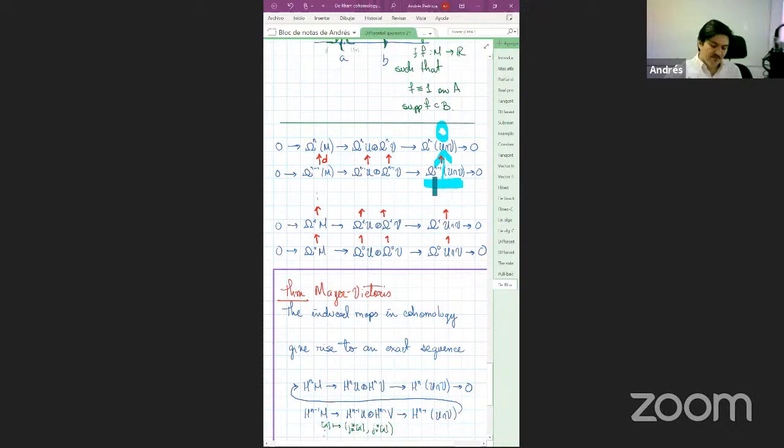Now, because the row is exact, you have an element here and an element here that map to that, right? Because it is exact. Well, now, whatever you have here, apply the differential to get something here and get something here.